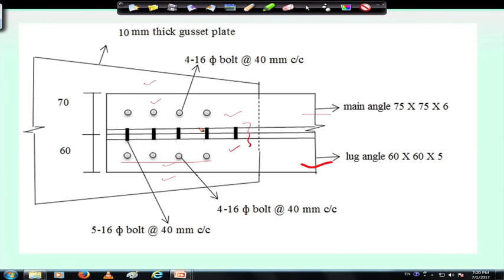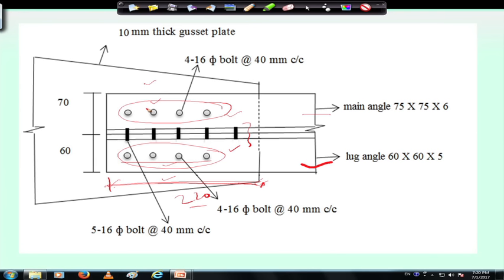The maximum distance is coming 220 and the available distance is 250, right. The allowable distance of the gusset plate was 250 and here we are getting 220 maximum, and the distribution can be done in this way with minimum pitch and minimum edge distance. This is how one can do.